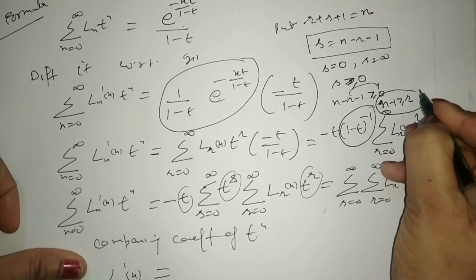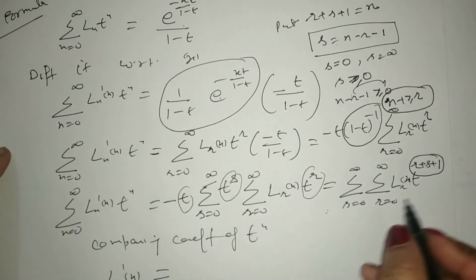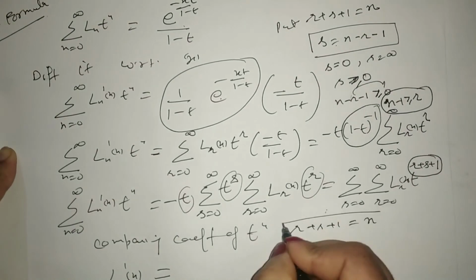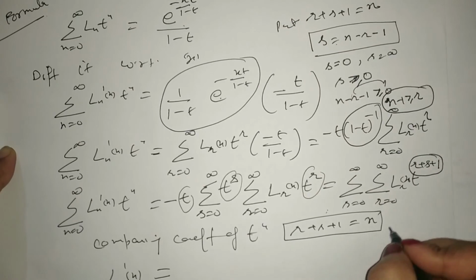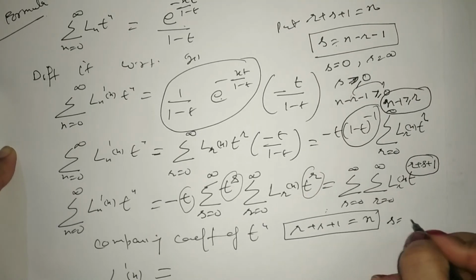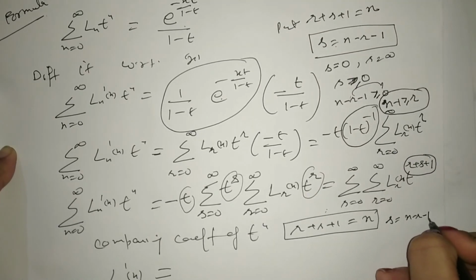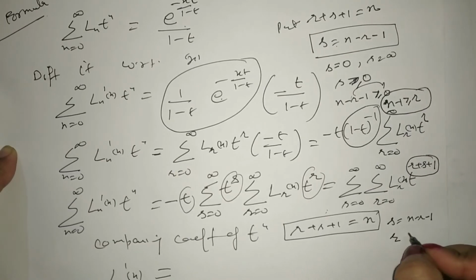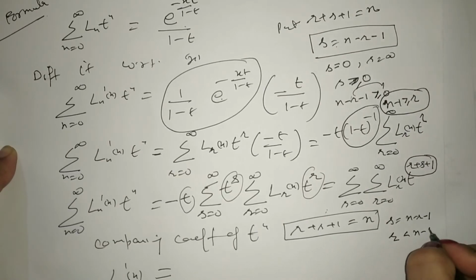So this is the main part: for the term r plus s plus 1 to be equal to n, we have to put s as n minus r minus 1, or the value of r will be at most n minus 1.